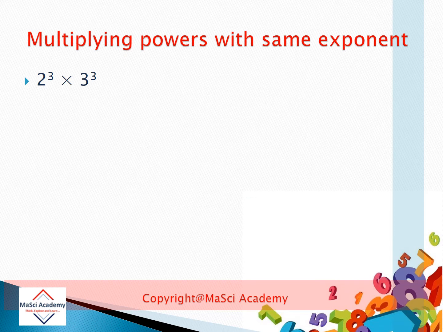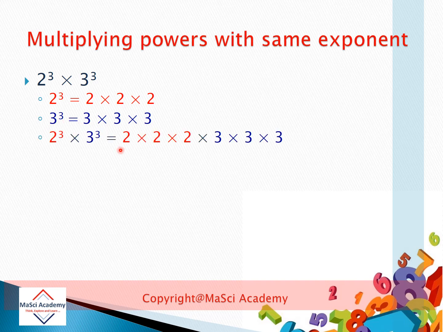The next is when we have two different numbers, that is two different bases, and their exponents are the same. On expanding both the numbers, we get 2 cube equal to 2 multiplied by itself 3 times, and 3 cube is equal to 3 multiplied by itself 3 times. Thus the overall answer is 2 multiplied by itself 3 times multiplied by 3 multiplied by itself 3 times. If we start pairing them up, 2 and 3, we get 3 pairs with 2 multiplied by 3.